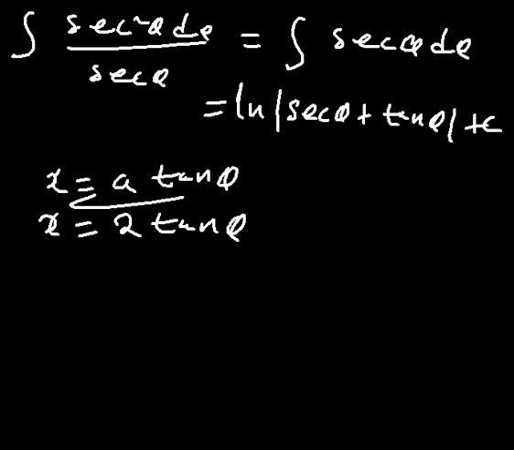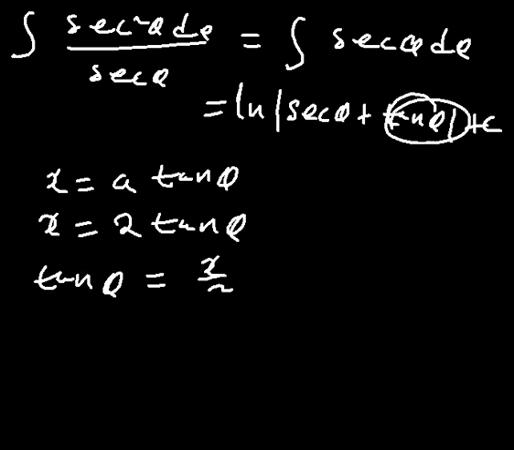Having x equal to 2 tan theta, that is the same as tan theta equal to x over 2. You should understand that. So tan theta is the same as x over 2. That will be placed there.